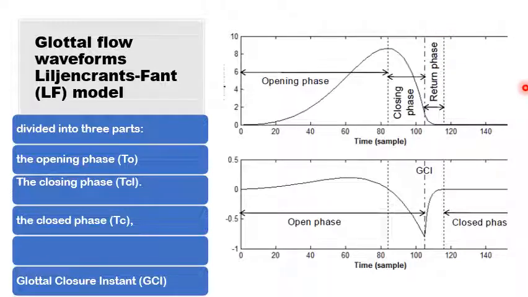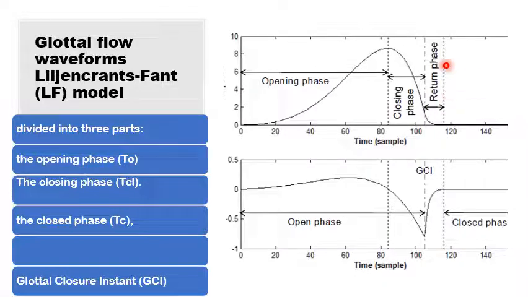The upper trace here shows a typical glottal waveform as suggested in the LF model. It demonstrates the airflow in liters per second as it increases and decreases during a vibratory cycle. The lower trace shows the acceleration and the deceleration of the flow, the increase and the decrease of the velocity of the changes in the flow itself.